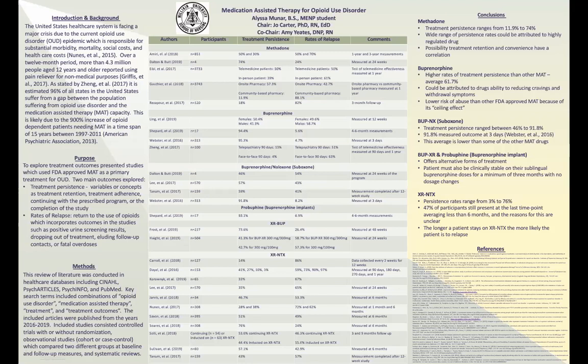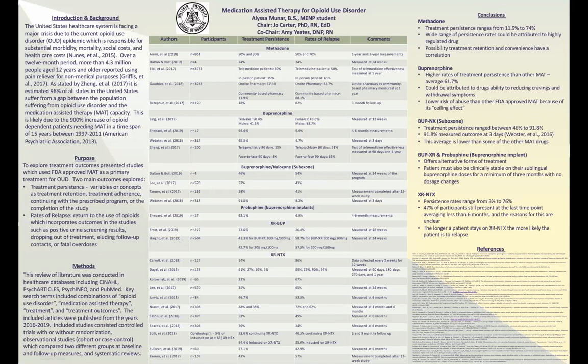And then the telemedicine treatment persistence was about 50%, while the inpatient persistence was about 39%. So based off of these 2 studies, it's a possibility that high treatment retention and convenience in how the patient gets their prescription do have a correlation.